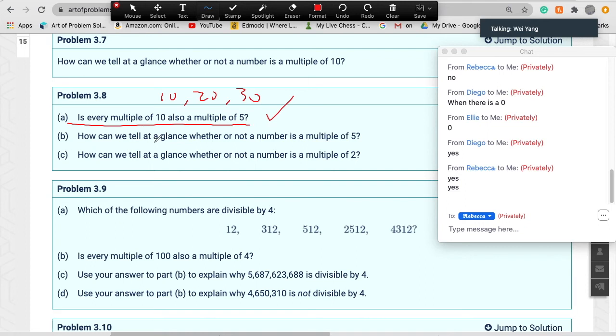How can we tell at a glance whether or not a number is a multiple of 5? Send me your answer in private chat. Wait, which one? B. Yeah. How can we tell at a glance whether or not a number is a multiple of 5?